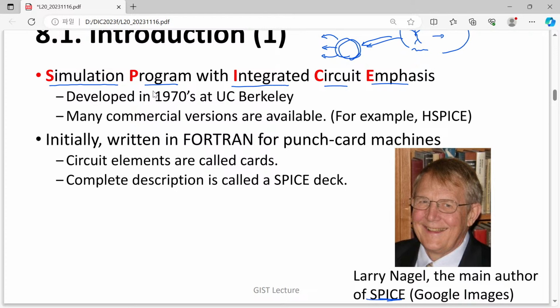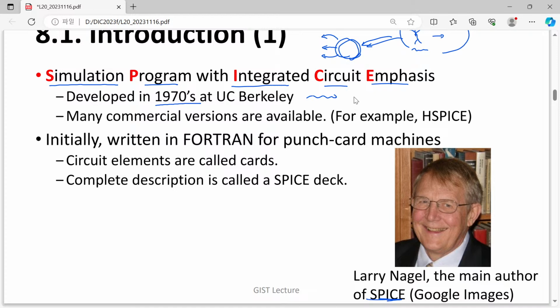Of course, it is not the only effort for making SPICE. However, the initial development was initiated as a term project. It was the 70s, and after that it became fully distributed over universities, academia and companies, and you could just download it.